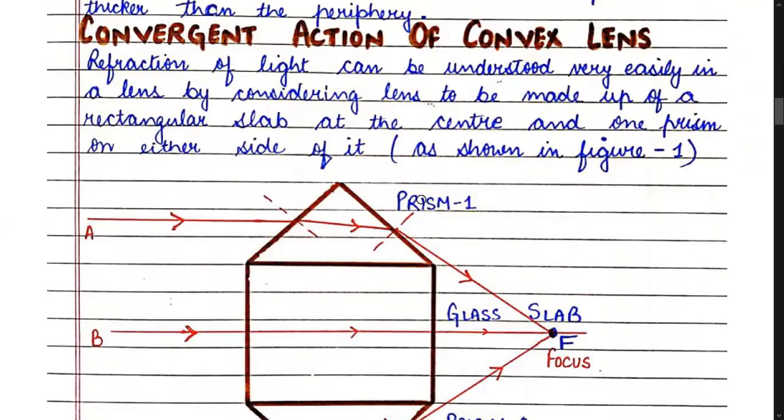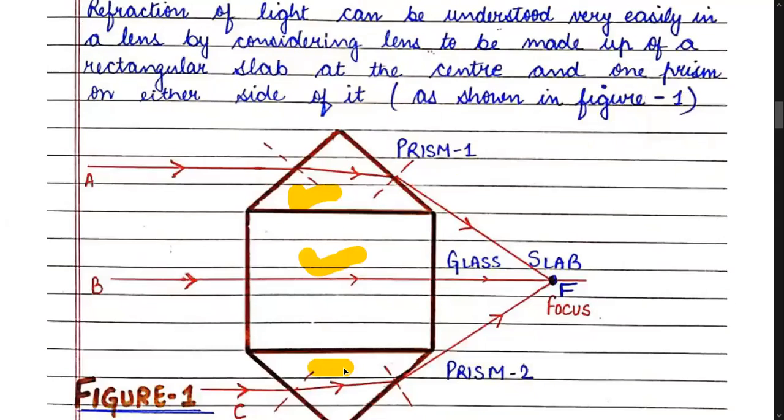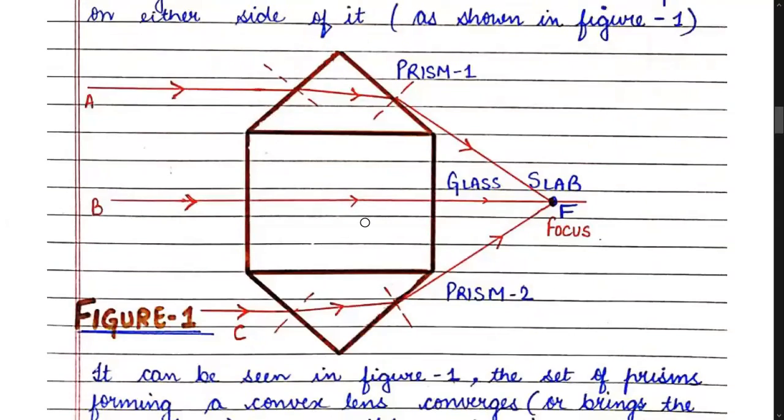Refraction of light can be understood very easily in a lens by considering the lens to be made up of a rectangular slab at the center and one prism on either side of it. Students, in convex lens, we can say that there are two prisms as placed in figure number 1.